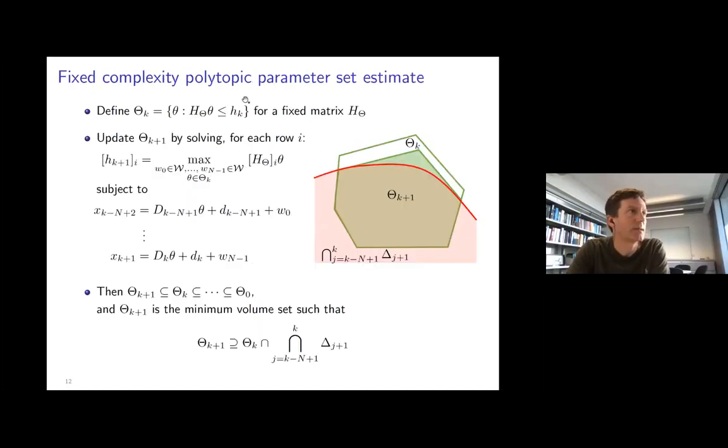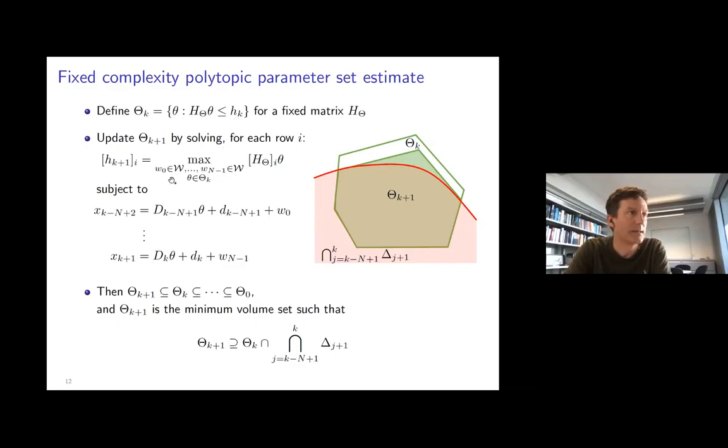But we can refine the scheme by using a fixed complexity polytopic set if we define the parameter set as being expressed in this form, where the matrix h theta here is fixed, and in order to update the parameter set, we're updating the right-hand sides of these linear inequalities that define this polytopic set.